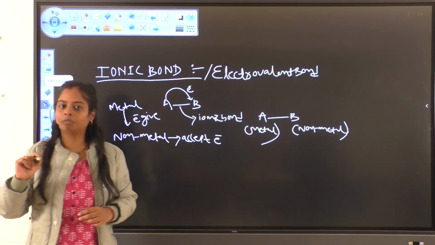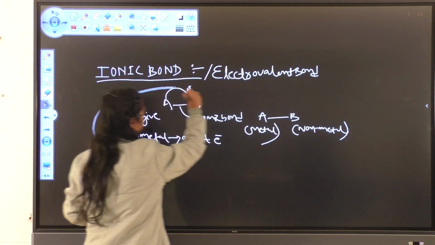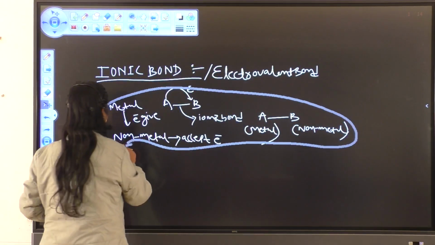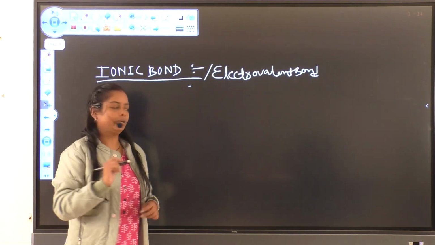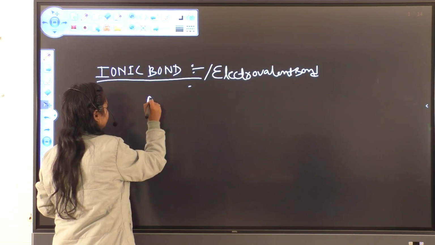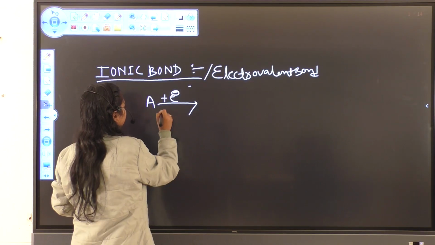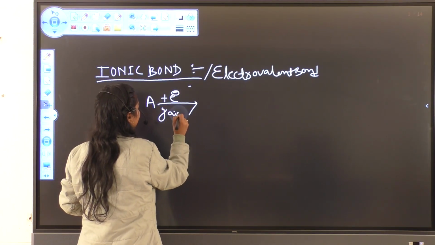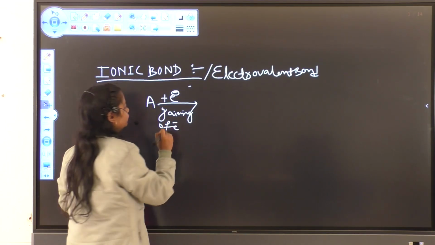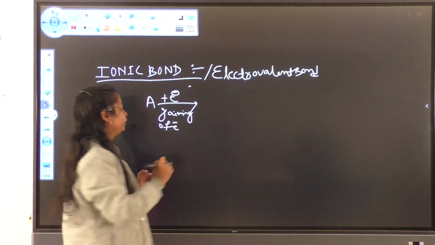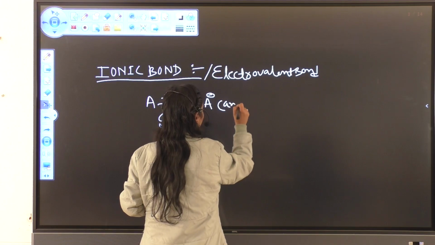Before moving to the next point, I want to tell you what the give and take model is. Let us consider A is an atom. If it is gaining an electron, then A will convert into A negative, which is called an anionic species.